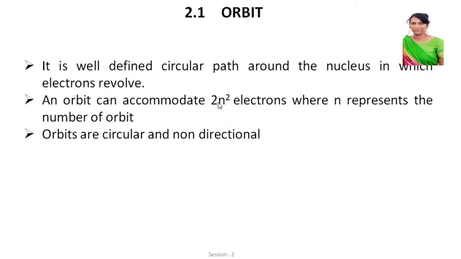If n is equal to 1, the number of electrons it can accommodate is 2 into 1 square, which is 2 electrons. If n is equal to 2, 2 into 2 square, 2 square is 4, into 2 is 8. So when n is equal to 2, the orbit can accommodate 8 electrons, and so on and so forth.